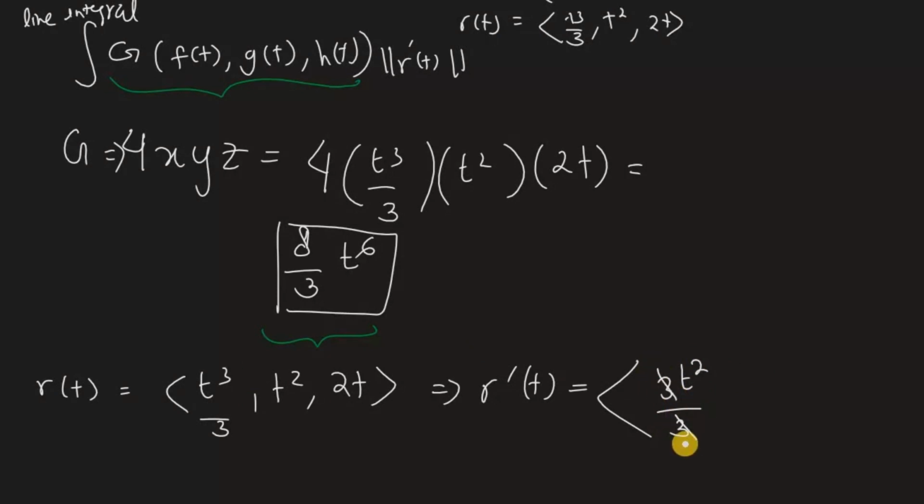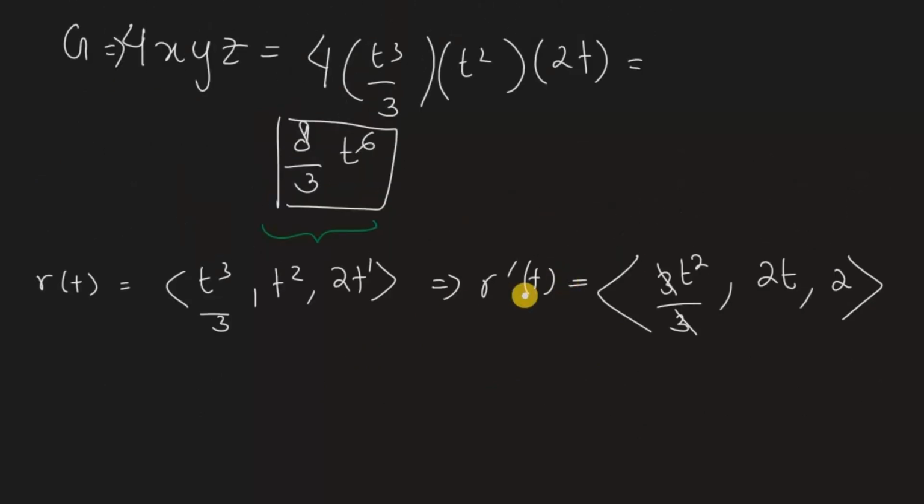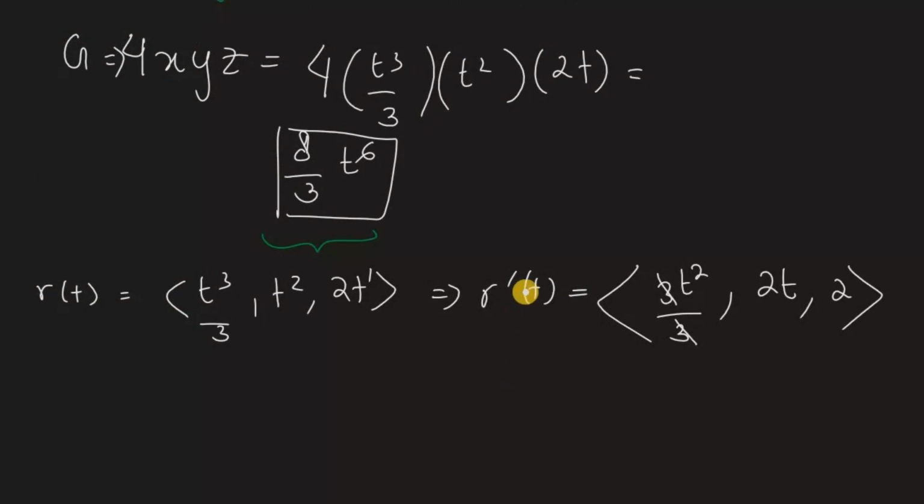The 3s cancel out, so you're only left with t squared. Next, bring the 2 down, subtract 1, so it's 2t, and the last component is just 2, because t to the power of 1 becomes t to the power of 0, which is 1. So that's r prime of t.